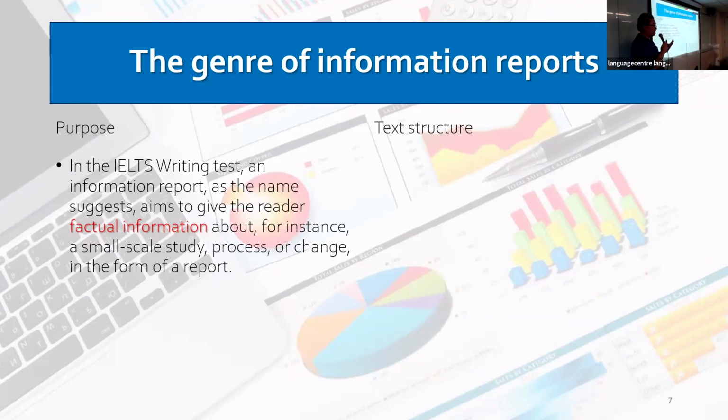What exactly you have to report in your information report would depend on the visuals given in the instruction. So, as I've said before, you don't have to add something new. All the content that you need for your information report should come from the visual, not from your own knowledge or from somewhere else.